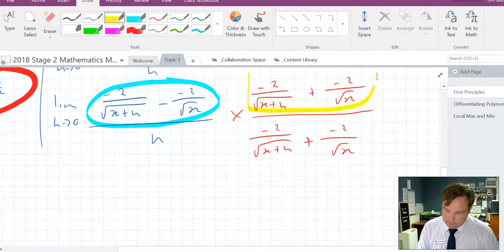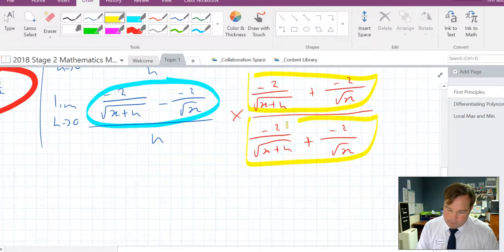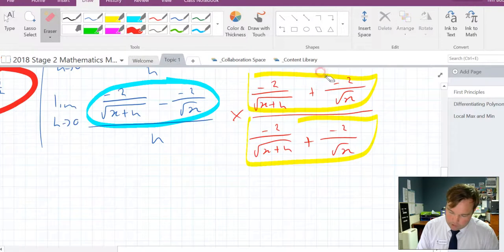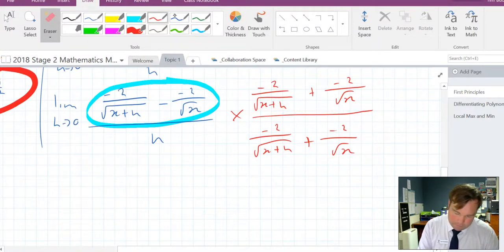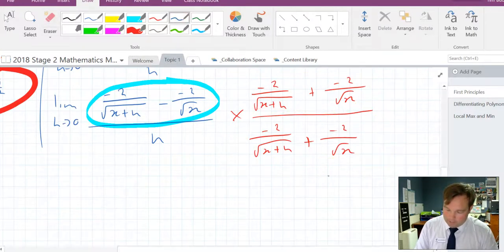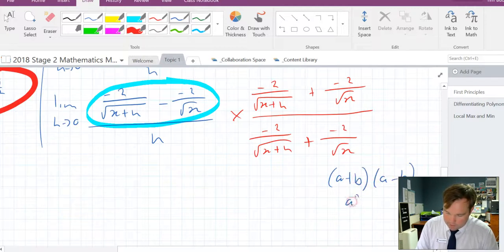Note here, those are the same and we're dividing them by each other, so therefore it's just 1. What we're aiming to exploit here is the a plus b, a take b equals a squared take b squared feature: difference of perfect squares.